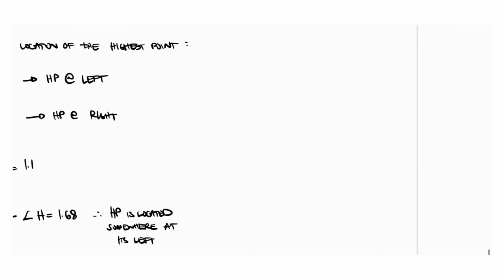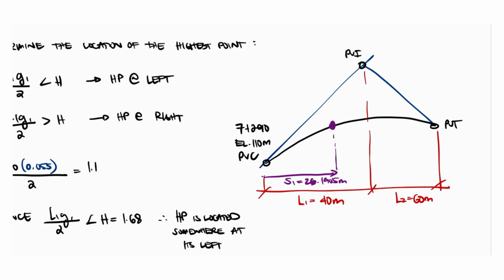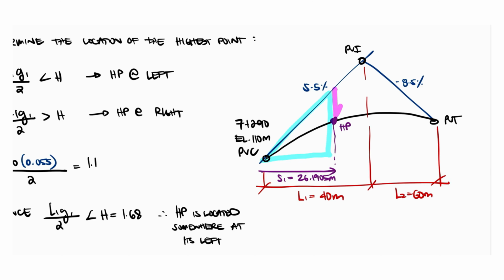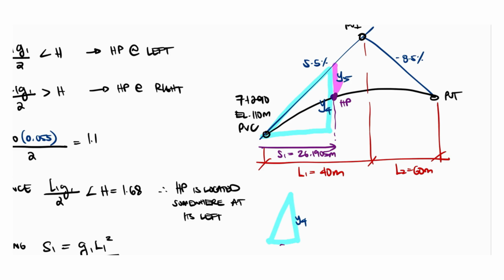Next, let's visualize how to determine the elevation of the highest point. We construct a triangle from the PVC, then consider the vertical distance from the top of the triangle down to the curve at point HP. We denote the height of the triangle as y4, and the vertical drop as y5. To solve the triangle, we use S1 as the base, a slope of 5.5%, and y4 as the height.